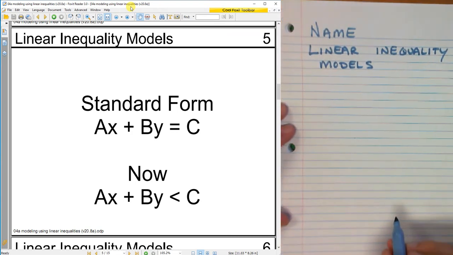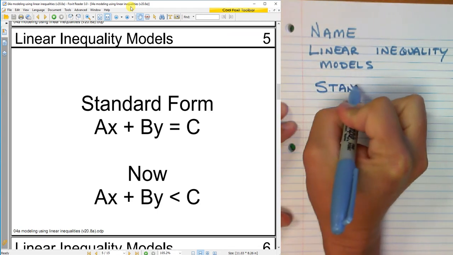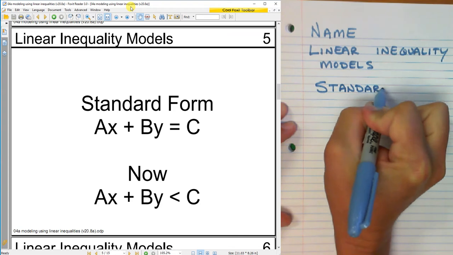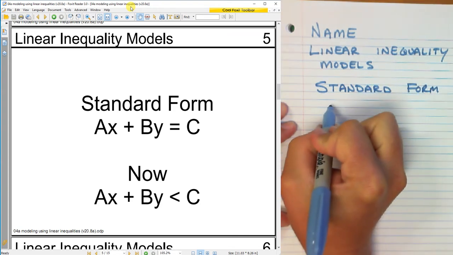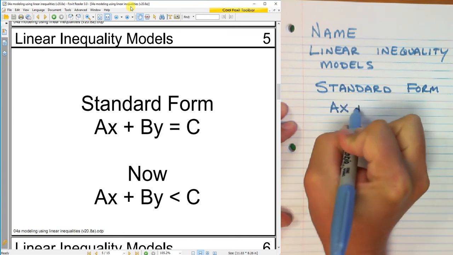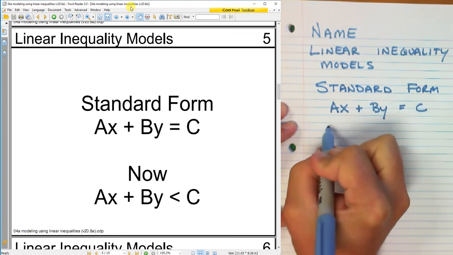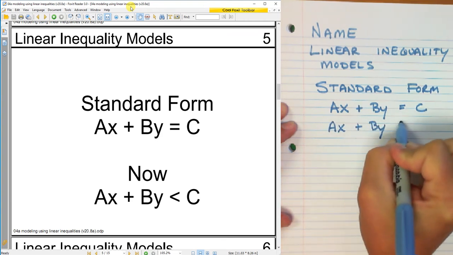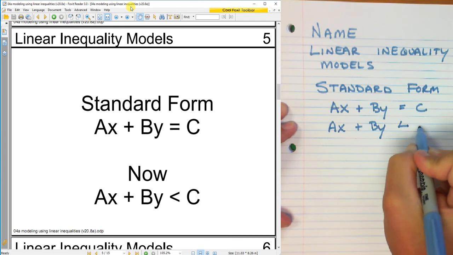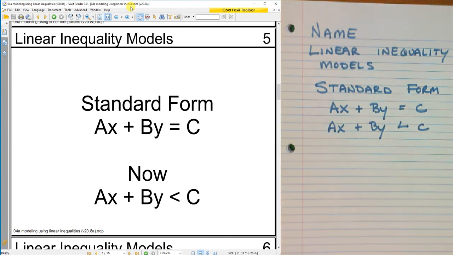And we're using standard form, which is ax plus by equals c. But today it's going to be ax plus by is less than c. Now it could be greater than or equal to, but you get the idea.